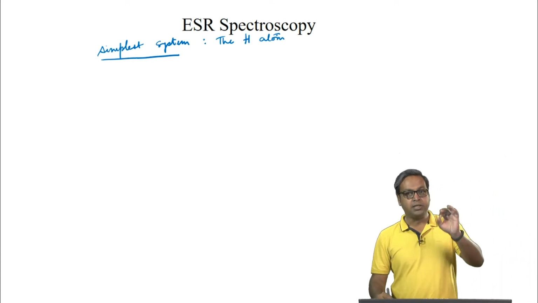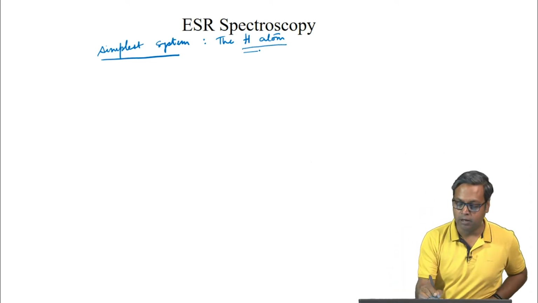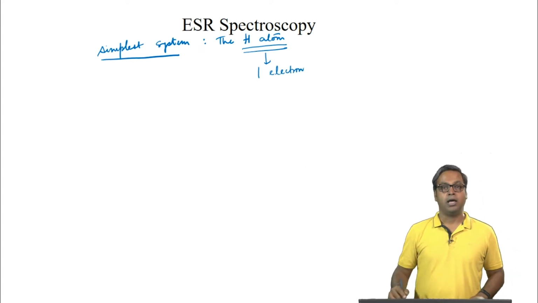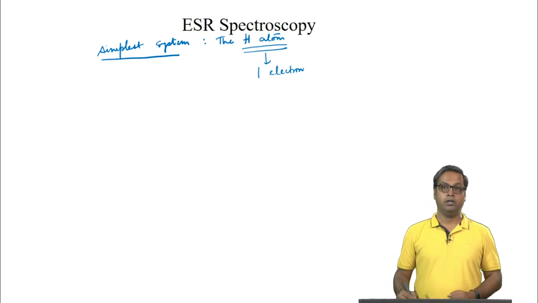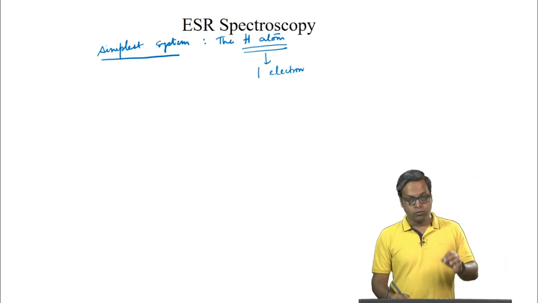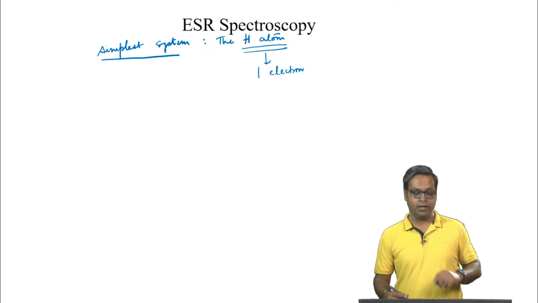This is the simplest system because the hydrogen atom contains one electron. And because it contains one electron, the electron has to be unpaired. So, we would expect only one ESR line.